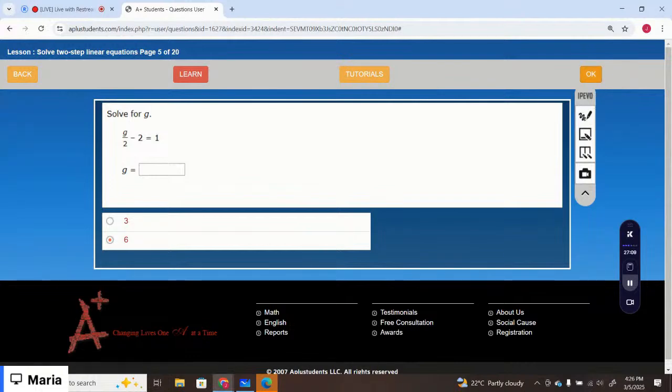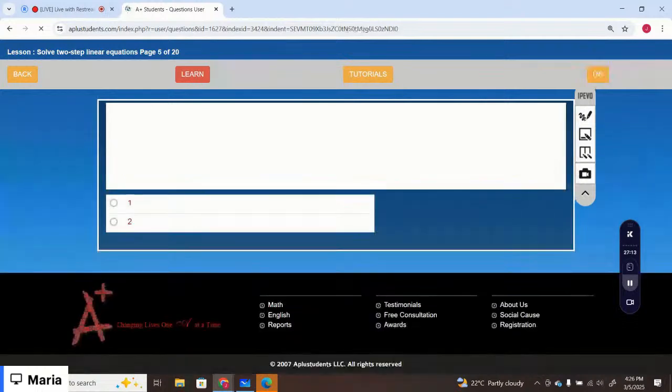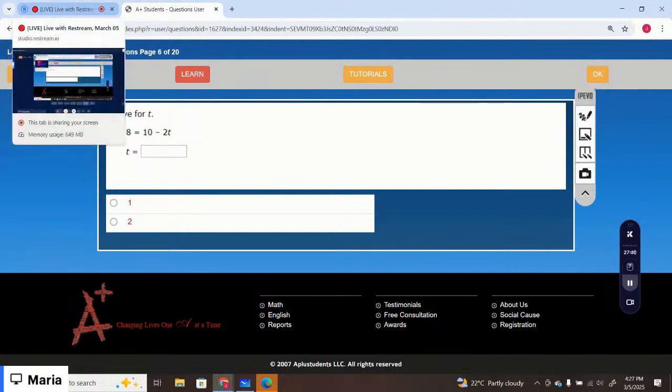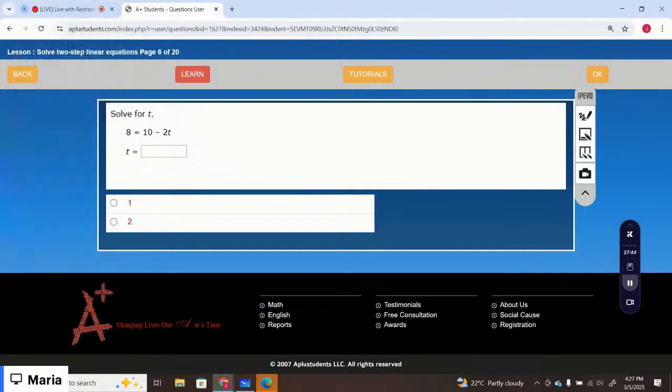Option number 2 is the correct option. 8 equals 10 minus 2t. That is t equals 1. Option number 1 is the correct option.